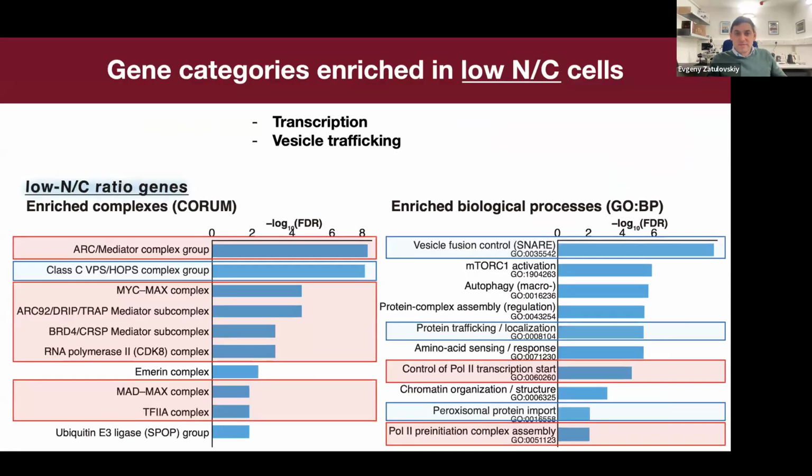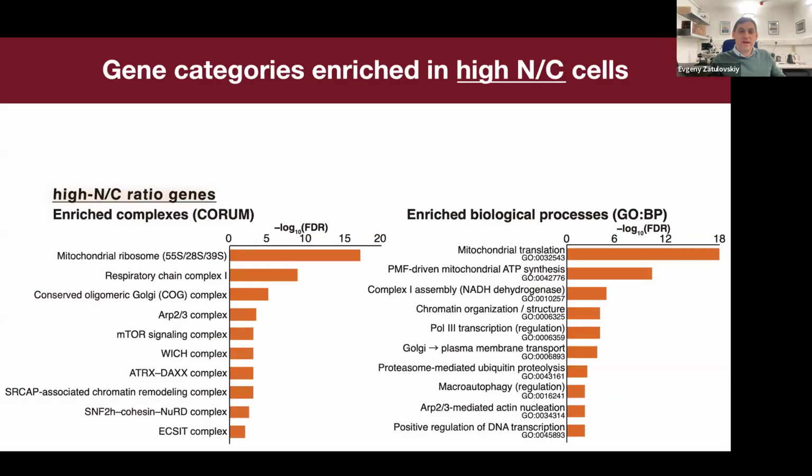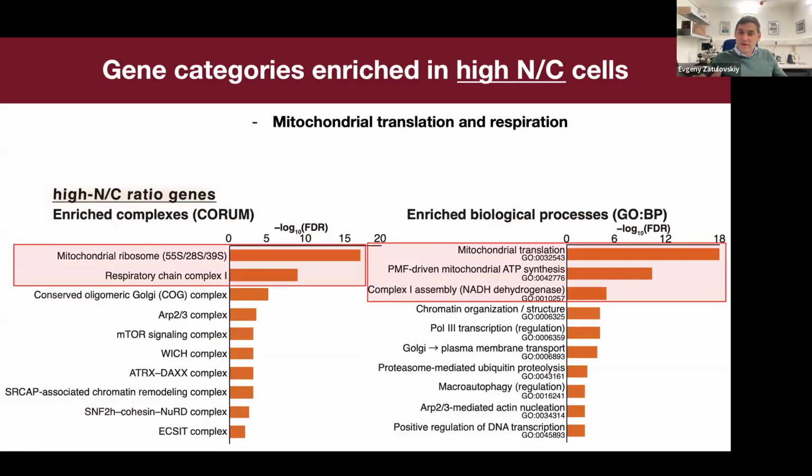And besides transcription, we also see a lot of vesicle trafficking, which I'm not completely sure what it means, but it could be consistent with the limiting membrane amount setting the nuclear size. We see mTOR activity, which also can be involved in cell growth and nuclear growth. And among genes enriched in high NC, surprisingly, we saw at the very top a lot of mitochondrial genes responsible for mitochondrial translation and respiration.